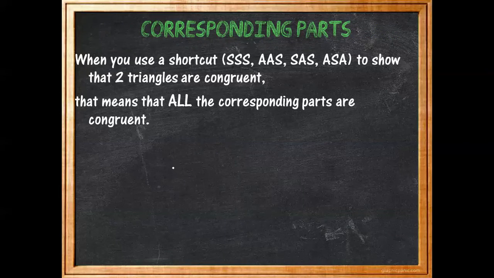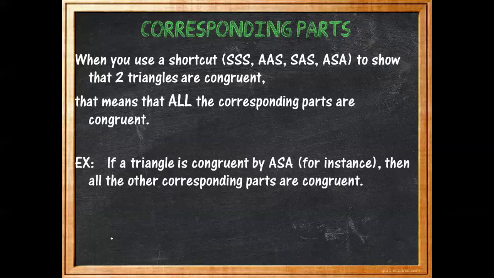When you use a shortcut, like side, side, side, angle, angle, side, angle, side, angle, to show that two triangles are congruent, that means all the corresponding parts are congruent. So if a triangle is congruent by ASA, for instance, so you know that two triangles are congruent because they have an angle, a side, and an angle congruent, then all of the other corresponding parts are also congruent.